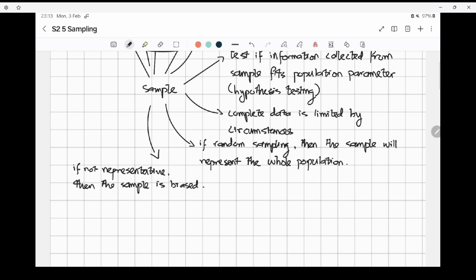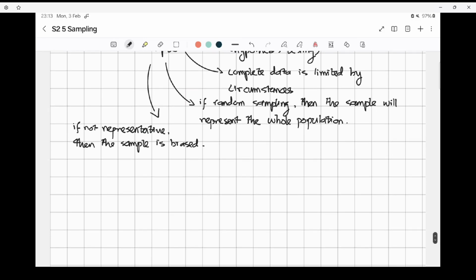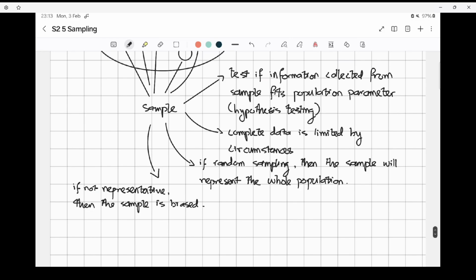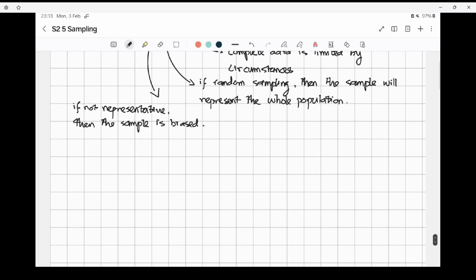Okay, so in this particular chapter, you only learn one sampling method, which is called the sample mean. So what is sample mean?